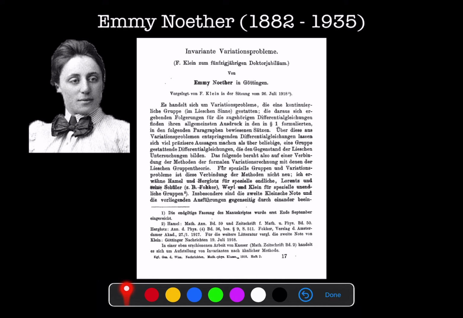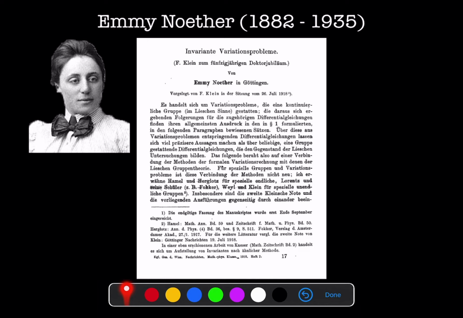This was a phenomenal paper and made the mathematics community take note of her main achievements. So throughout the rest of her career, she studied non-commutative algebras, edited the Mathematische Annalen, which is an incredibly important journal, and was part of the most exciting mathematical research going on in Göttingen.